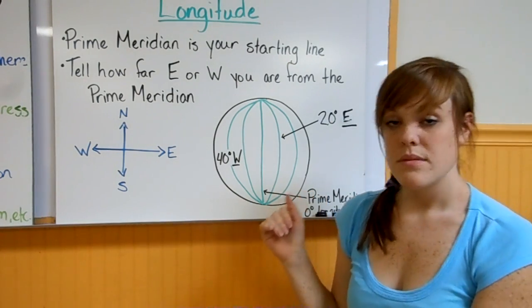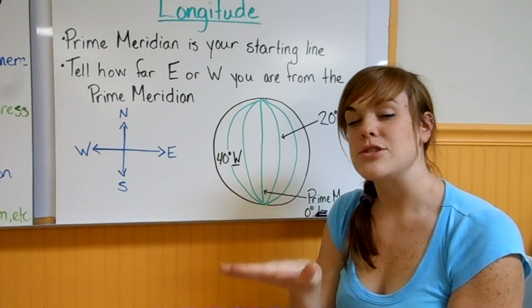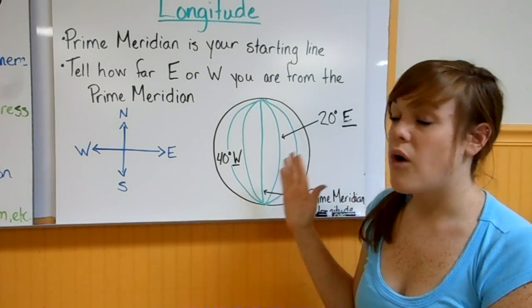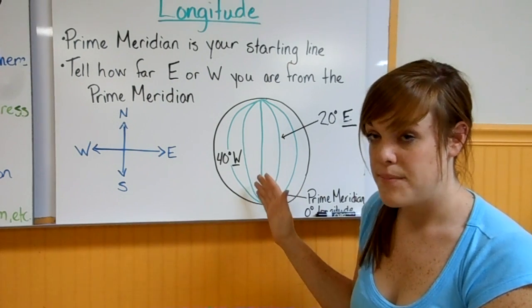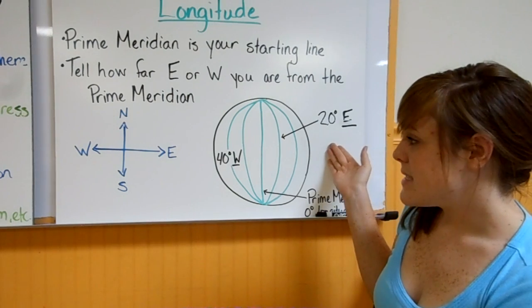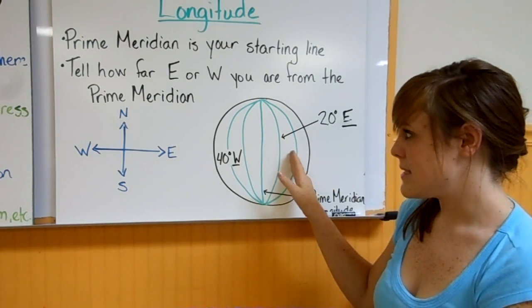Now, when we were doing lines of latitude, our equator was our starting line, okay? Now when we're doing lines of longitude, you always start at the prime meridian. So, if I asked you to find 20 degrees east, you go straight to the prime meridian and you go east.